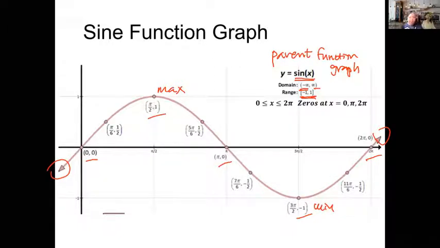Then another key feature for you to notice here is the zeros. Zeros are nothing but the solutions when you look at the function from the algebraic respect, and if you see them in the graphical aspect, then that's x-intercepts. So zeros, solutions, or x-intercepts are here, 0 and pi and 2 pi.